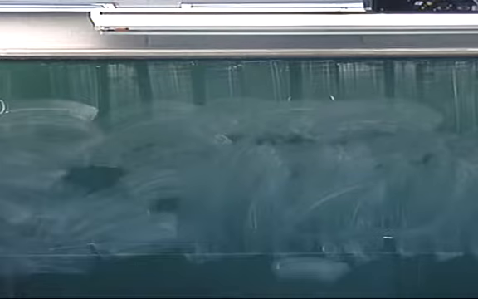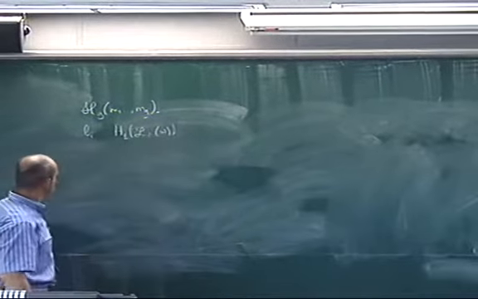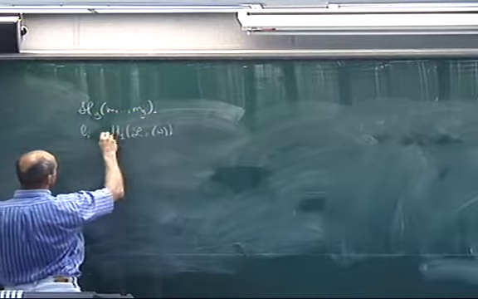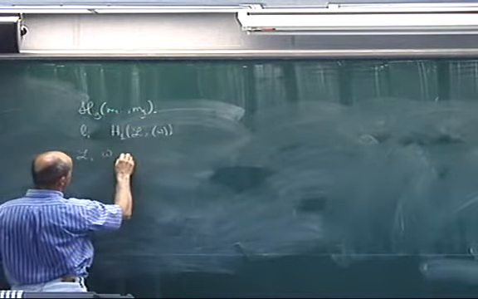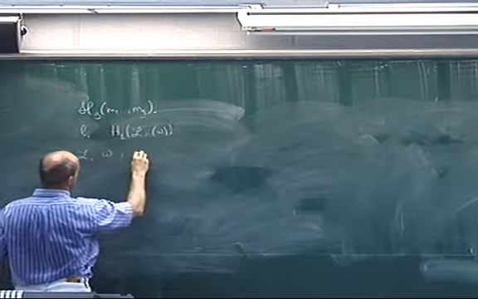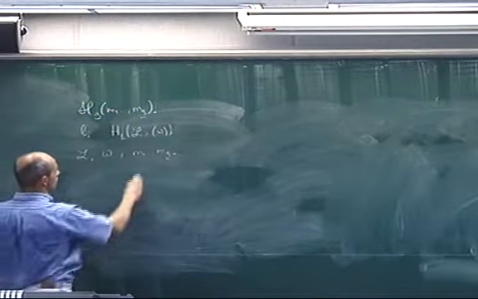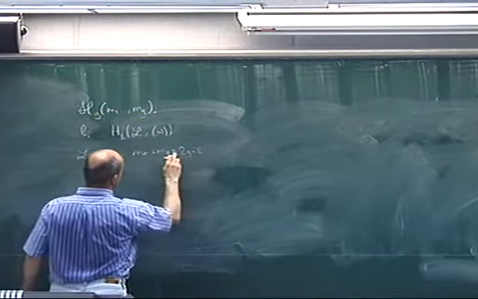Let me recall that l_i was a basis in the relative homology group H_1 of L relative to the divisor of zeros of the differential W. So L is a Riemann surface now, W is a holomorphic one-form with multiplicities of zeros m_1, ..., m_g, and the sum is, of course, 2g minus 2.